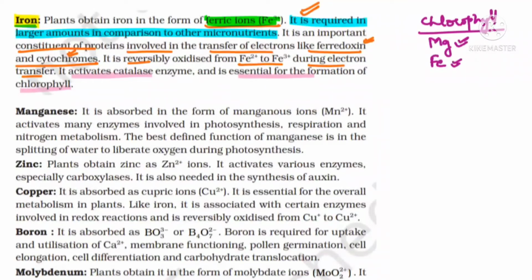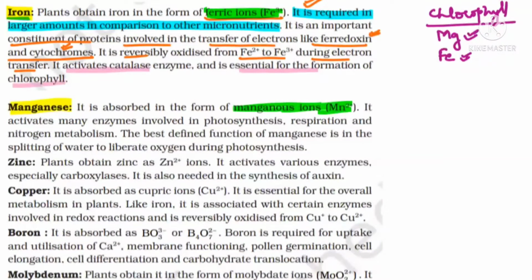Next mineral ion we are focusing on is manganese. Manganese is absorbed by the plant in the form of manganese ions, Mn2+. It is also activating many enzymes.